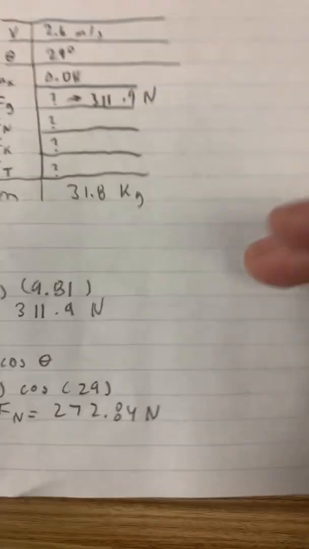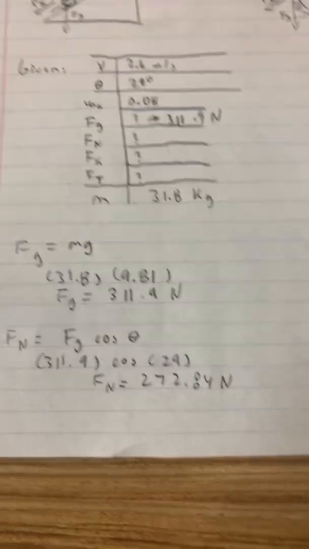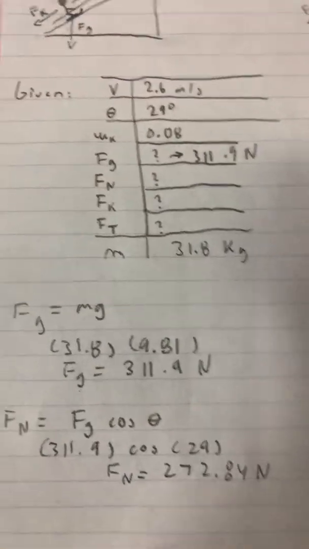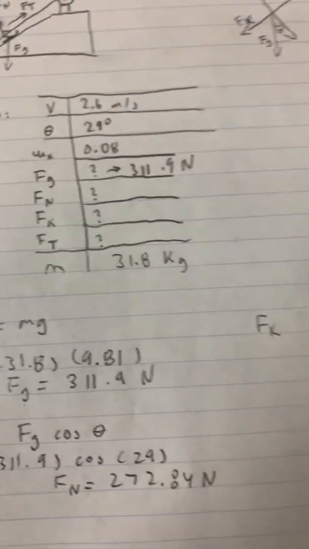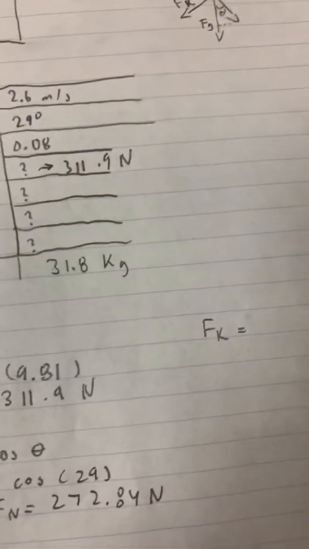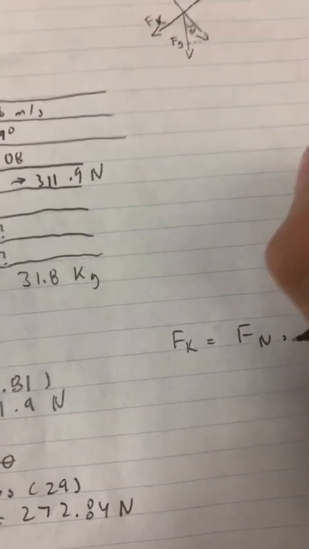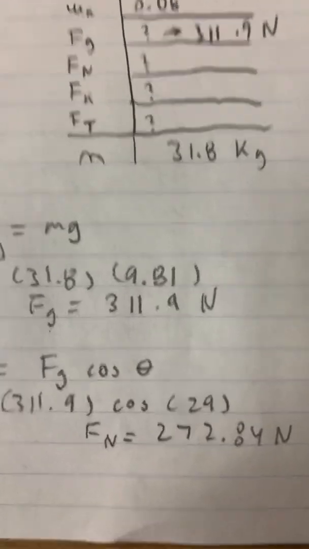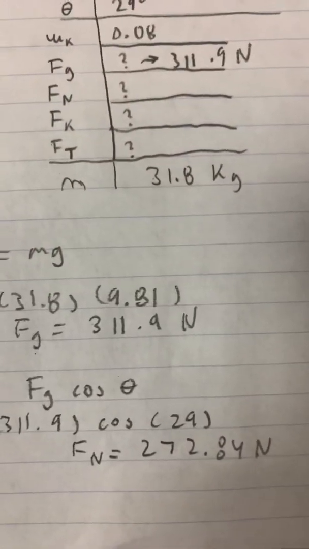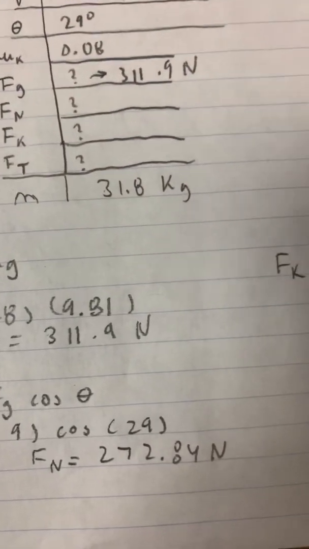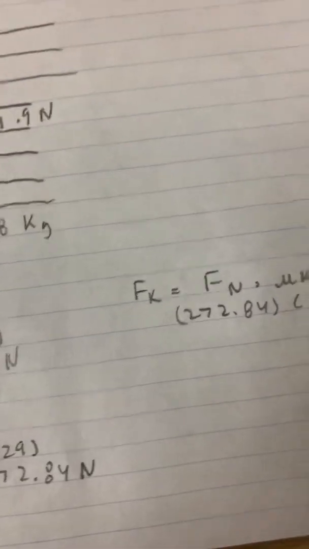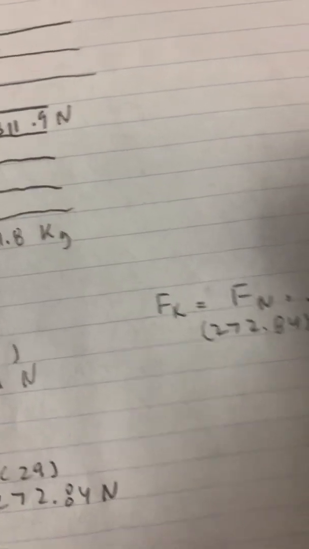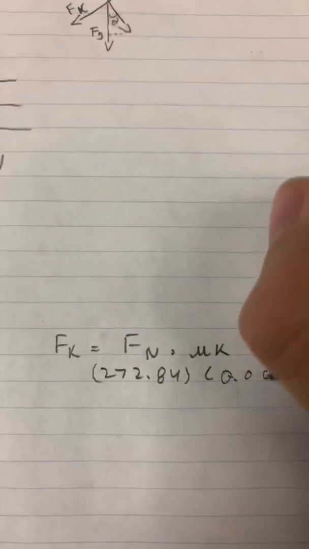If we plug that in, we will find that Fn is equal to 272.84 newtons. Since we just found Fn, we can now find Fk, the kinetic friction. Fk is Fn times the coefficient of kinetic friction. So that would be 272.84 times 0.08.